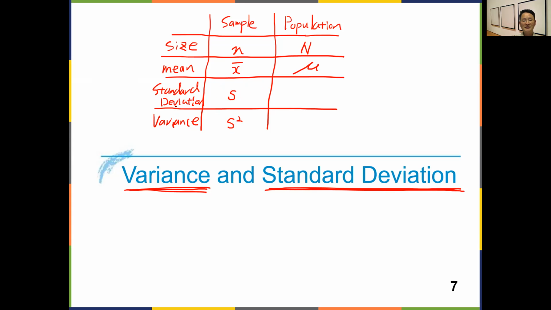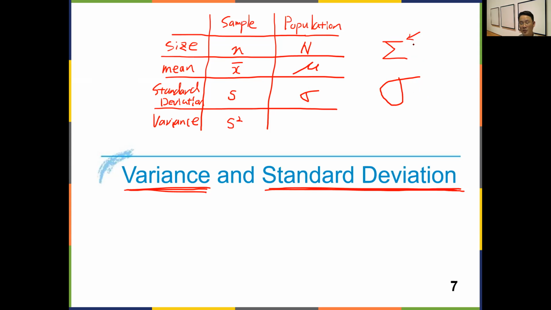Now, population standard deviation is this symbol, and it's called sigma. It looks like this, right? And this is sigma. Wasn't this the sigma too? Yes, this was a sigma. So is this the sigma too? Yes.